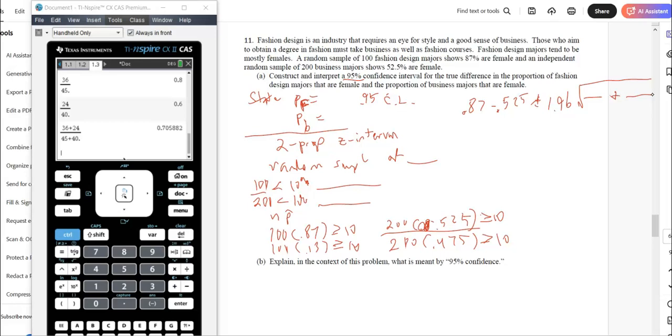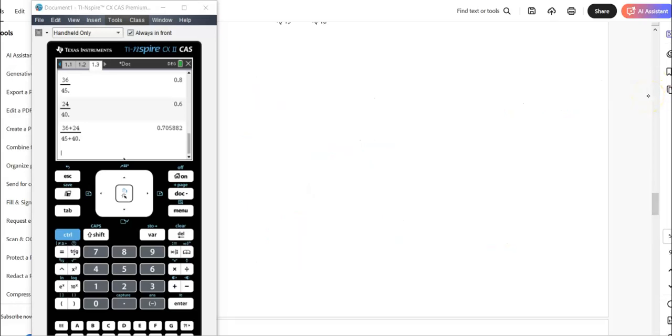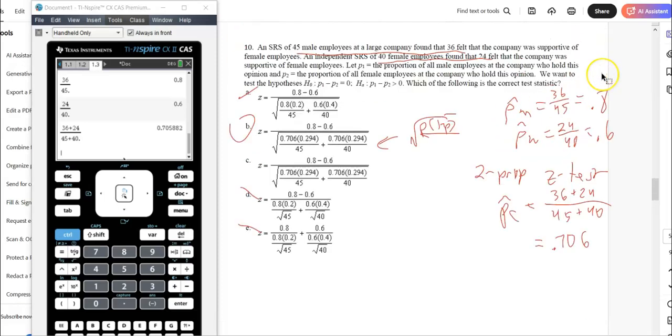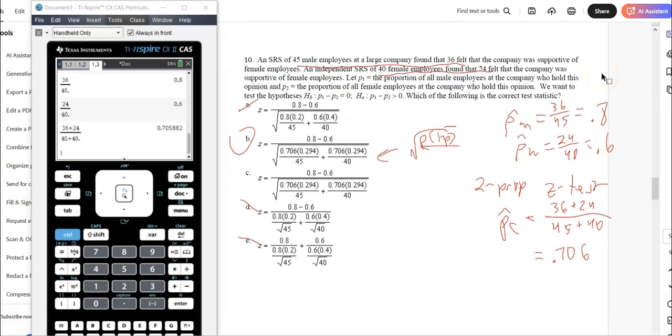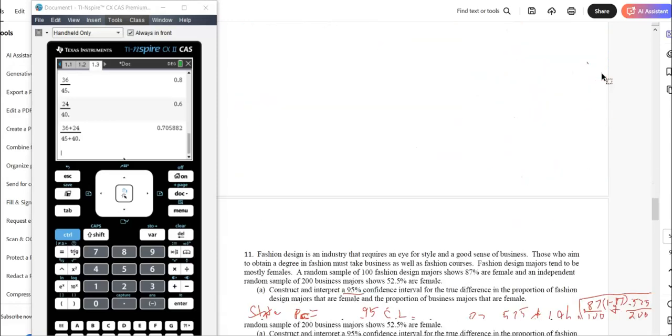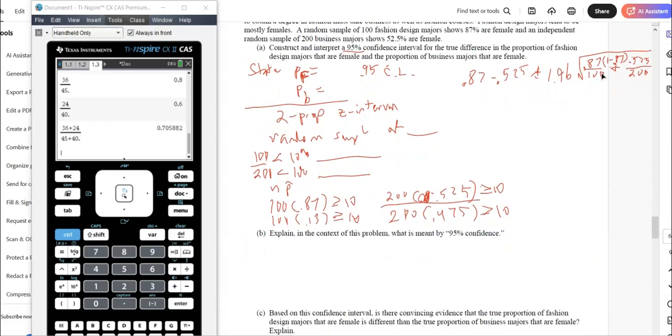With this one it's p hat 1, so 0.87, and then 1 minus 0.87 over 100. This one over 200, and this would be 0.525 and 1 minus 0.525.